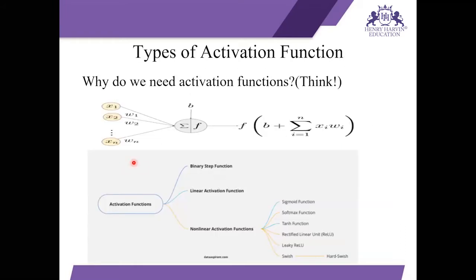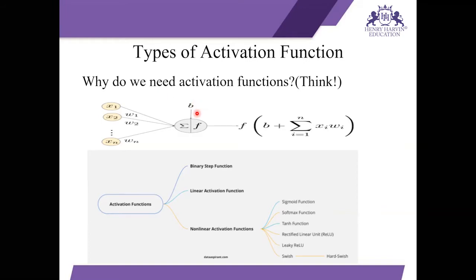This is the most important question in the interview. Why do we need activation functions? Just take some time and think about it. Why do we need activation functions? In the absence of activation functions, what happens? Imagine a neural network without the activation function.